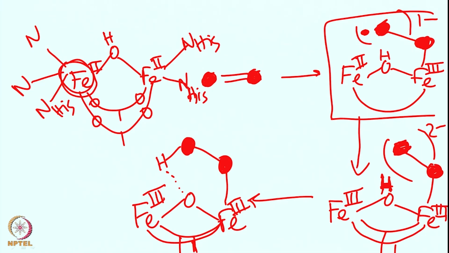So, you start with iron 2, and immediately you get iron 3 hydroperoxo. So, this is a proton transfer. The way I have shown you is electron transfer first and then proton transfer. Perhaps that is not going to happen; it is going to be proton coupled electron transfer, directly forming. So, one electron from this side, another electron from that side makes it iron 3 peroxo and then protonation.